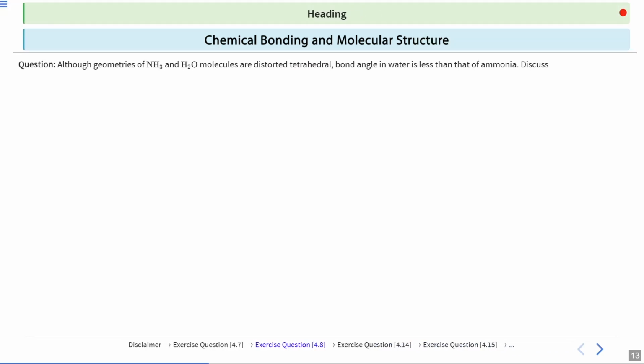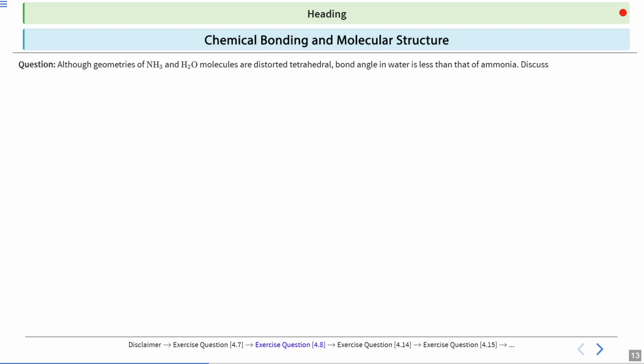Here the next question says that the geometries of NH3 and H2O molecules are distorted tetrahedral. Okay, so this is a good question, right? It is first of all considering the difference between shape and geometry, and this is the only place where you will see in your books that there is a difference between geometry and shape.